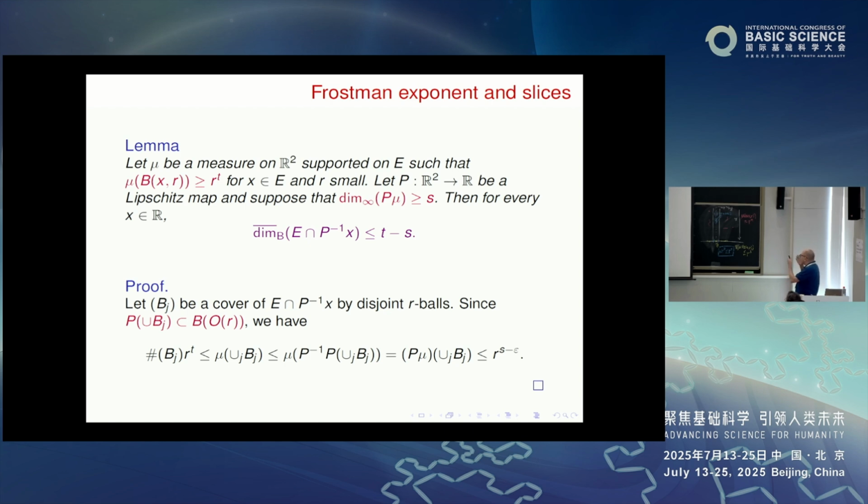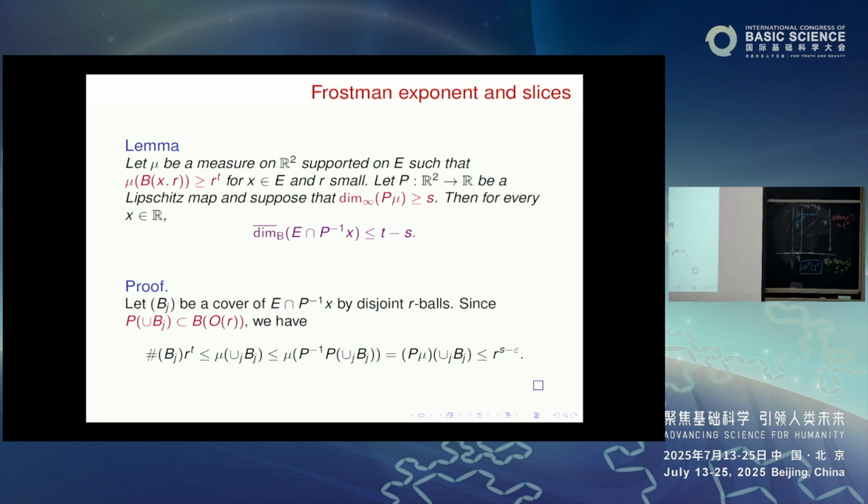But for me, this is conceptually very important because I like projections. So I don't like slices, I like projections. We know a lot about projections of measures. So this formulation seems more comfortable to me, even though not much has happened.